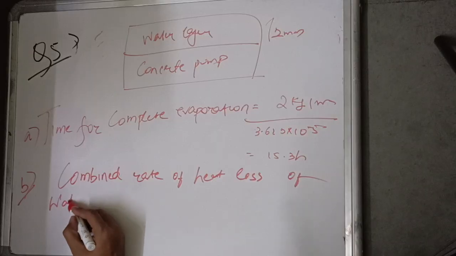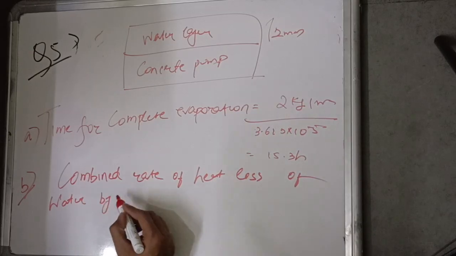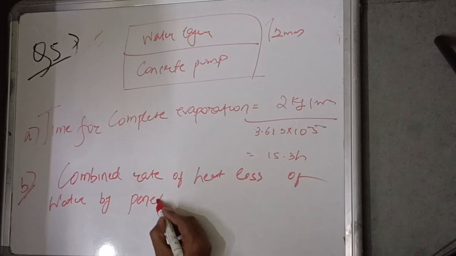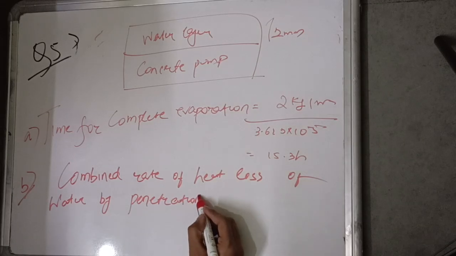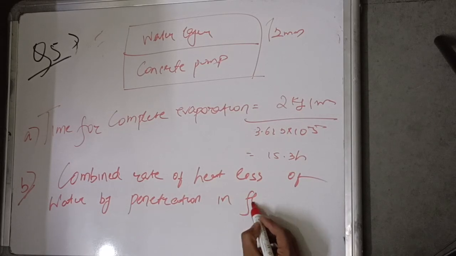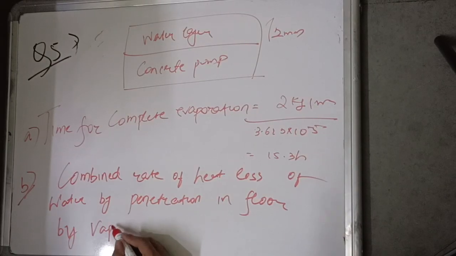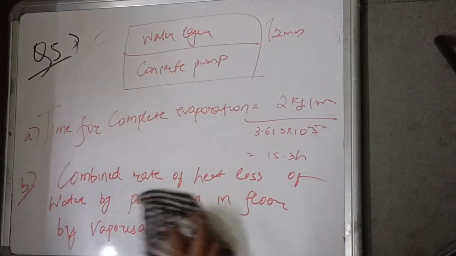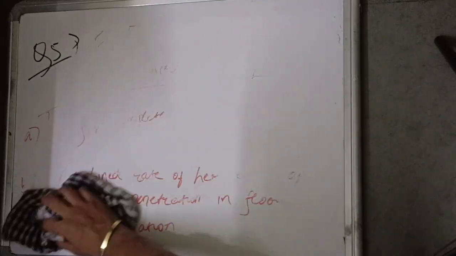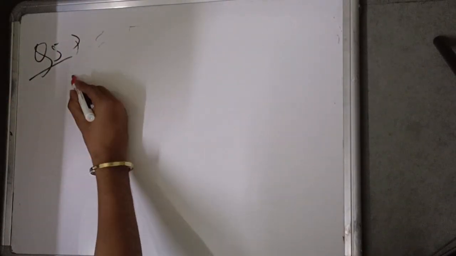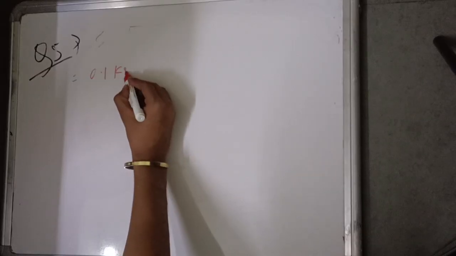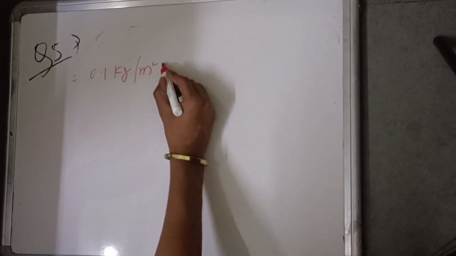Heat loss of water by penetration in floor plus by vaporization will be given as 0.1 kg per meter square hour.